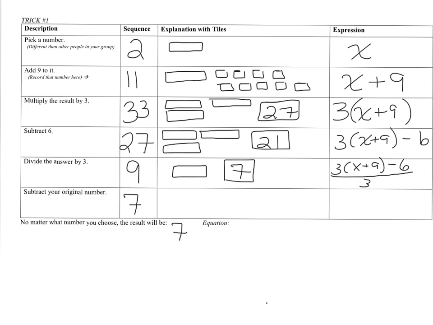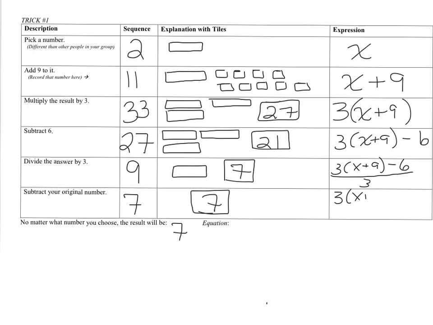And then the next thing is subtract your original number. Well, everybody at the very beginning, their original number was this X. We didn't know what it was, right? So then once we subtract the original number, then 7 is what you're left with. And so now what that looks like with the expression, we're just building onto it.